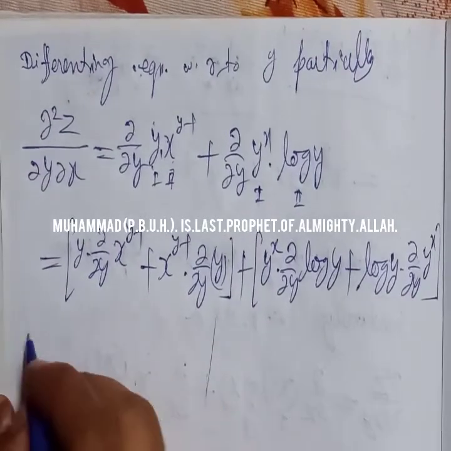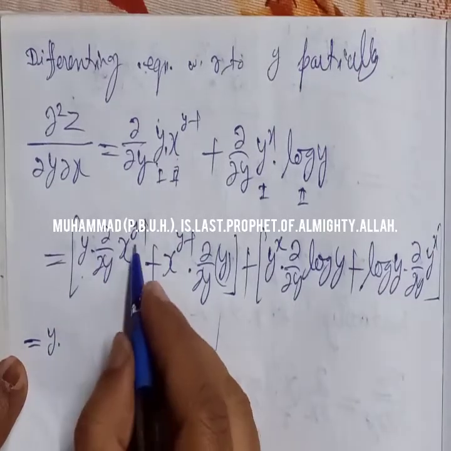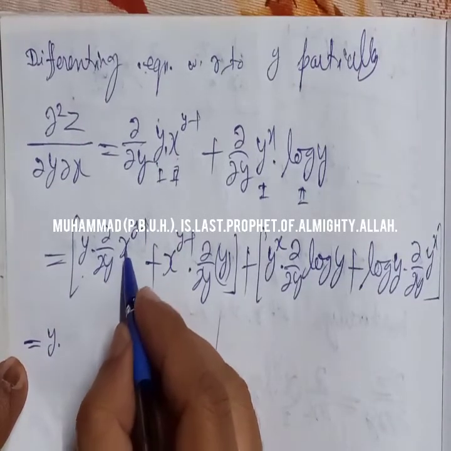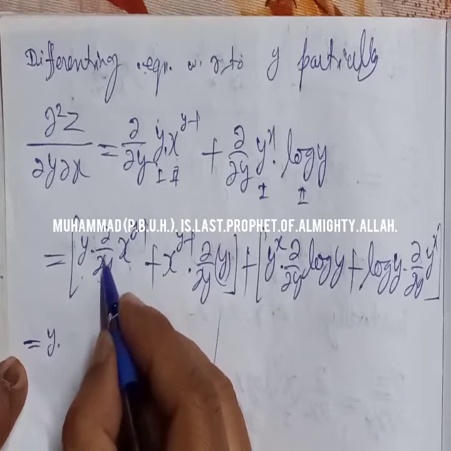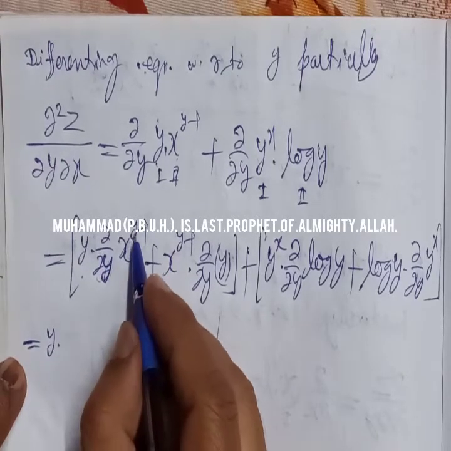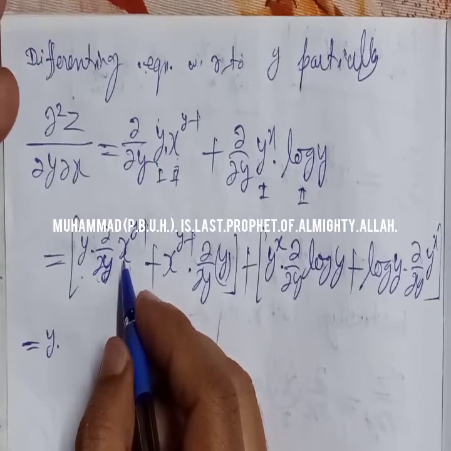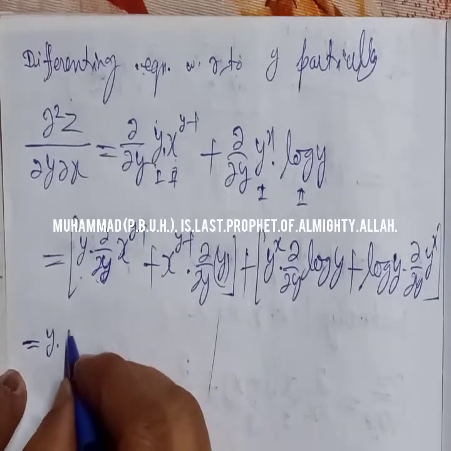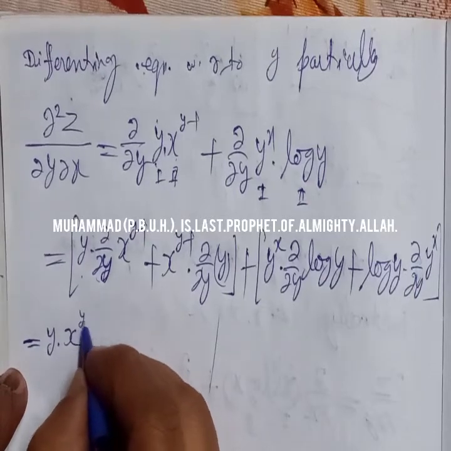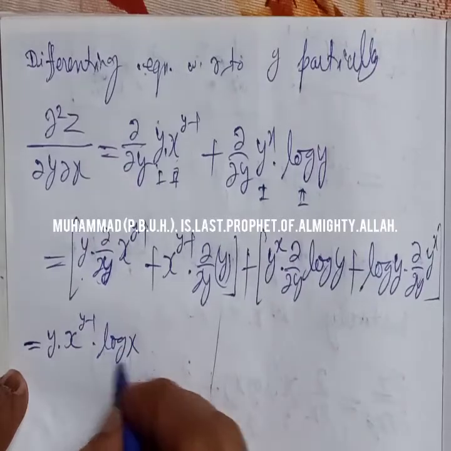In the next step, y multiplied by, here it is constant to the power variable, because y is variable, because it is partial differentiation. So apply the formula which I wrote in second place. So I write it as y to the power x minus 1 into log x, x to the power y minus 1, log x.